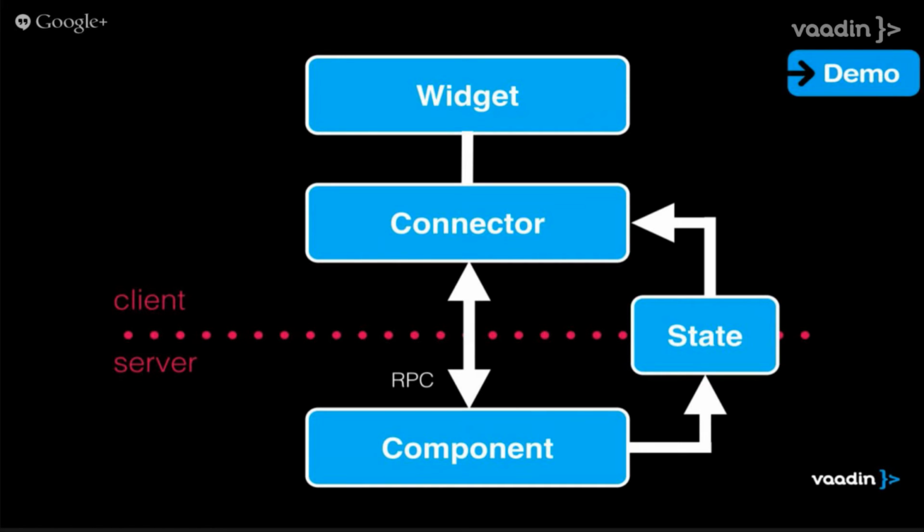This state is basically just a plain old Java object that can contain any kind of values, and when you make any changes to that object on the server side, you receive those changes right away on the client side. So that way it's really simple to send data over the wire from server to the client side.